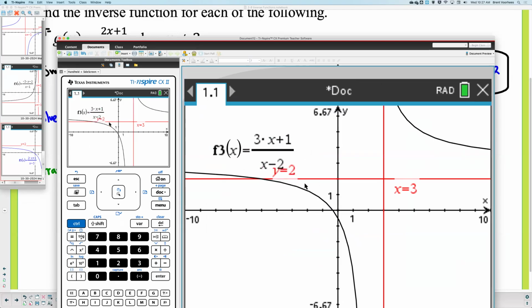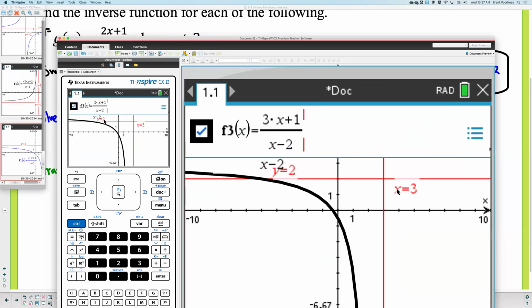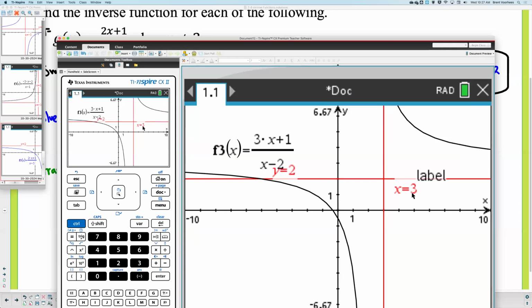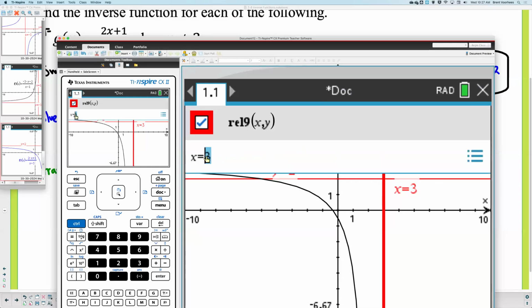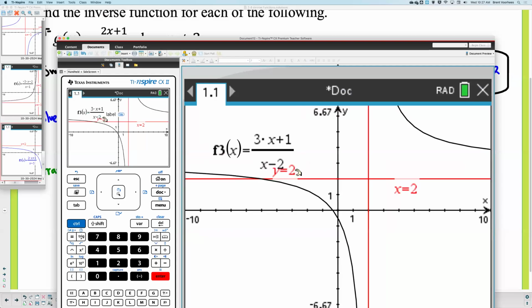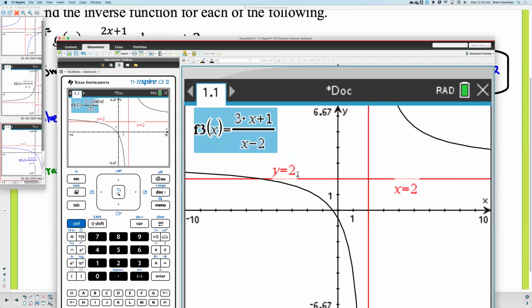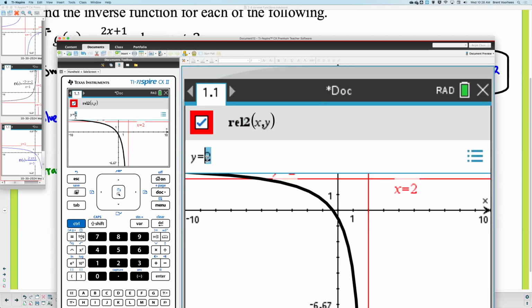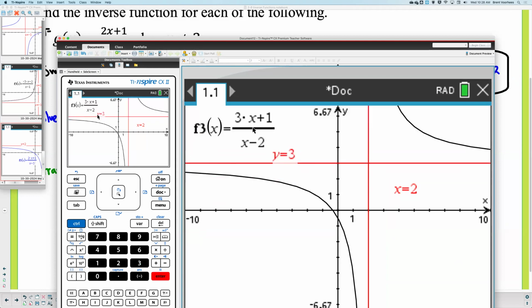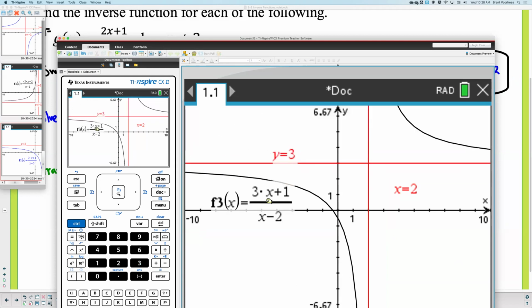That's my inverse, and we stated that the x value cannot be 2, and the y value cannot be 3. And as you can see, when you look at this graph, that is indeed accurate. Everything's lining up, everything's being divided out correctly.